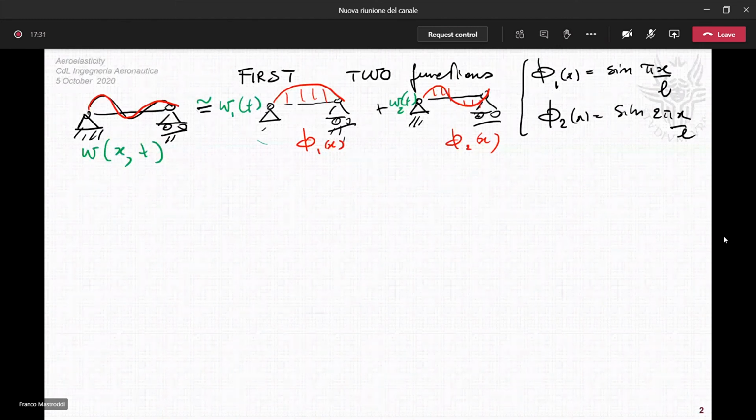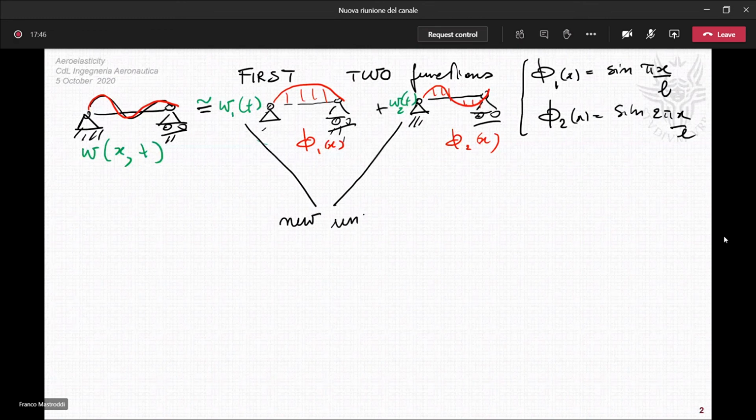Okay, so these two, this and this, are the new unknowns, like a vector, and this is a vector in the sense of control systems, a state space vector of time composed by W1(t), W2(t).